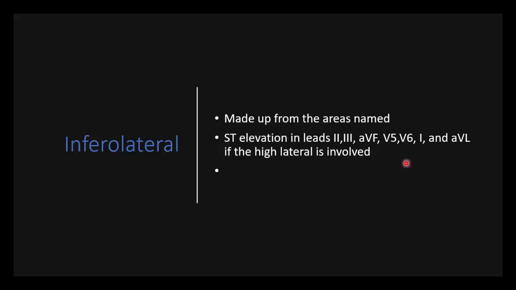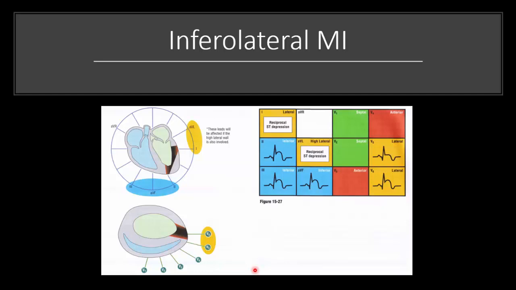So an inferolateral is going to actually be the inferior leads and your lateral leads, which combined together will see ST elevation in these areas here. So again, you've just taken your inferior leads and your lateral leads and combined them together, and you're having active involvement in all of these areas.